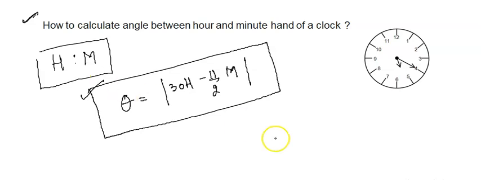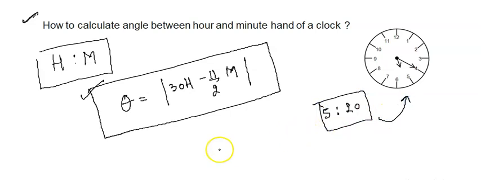Let us say, what will be the angle between the minute hand and hour hand at 5:20? We can say that the angle will be equal to 30 into H. What is the value of H here? H is 5, minus 11 by 2 M, where M here is 20.